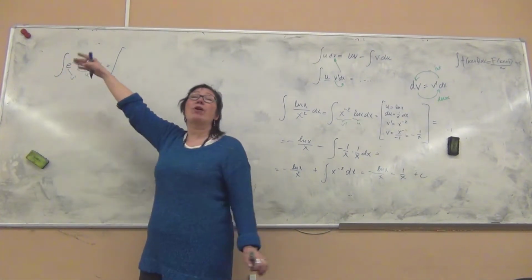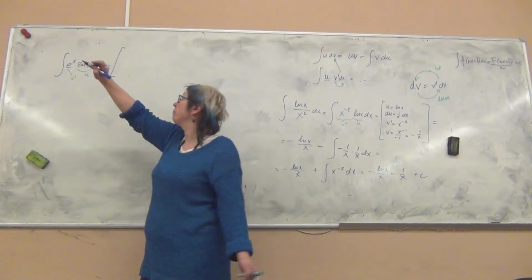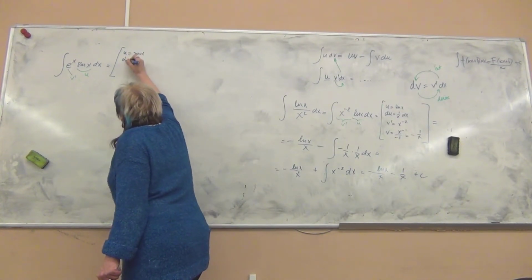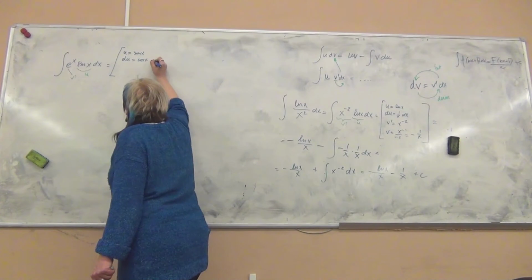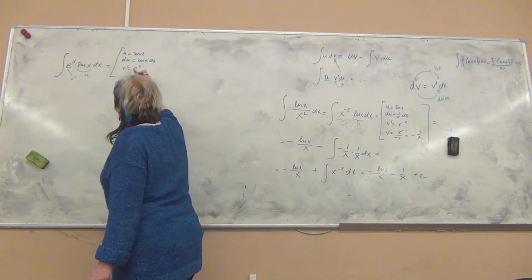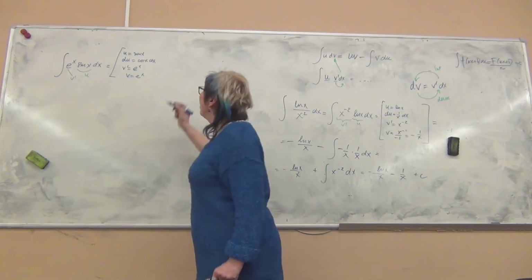Because e to the power x exponential function is always the first to be used as v. And so u is sine x, du is cosine x dx, v derivative is e to the power x, which means the v function is e to the power x.